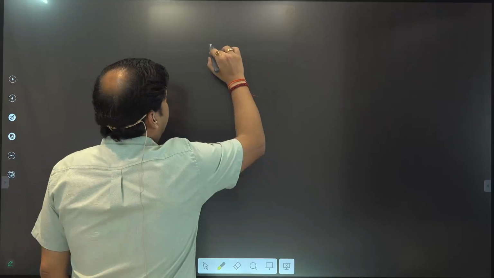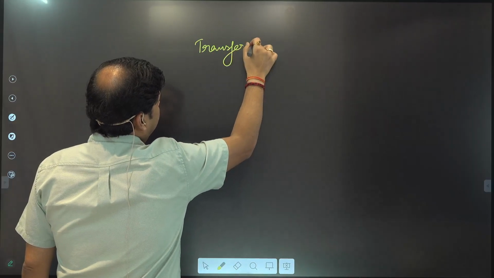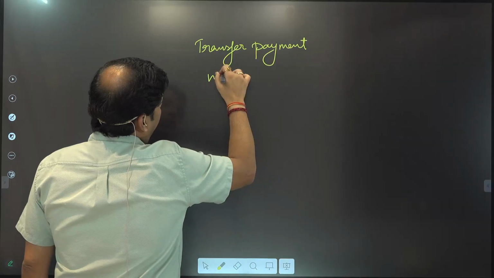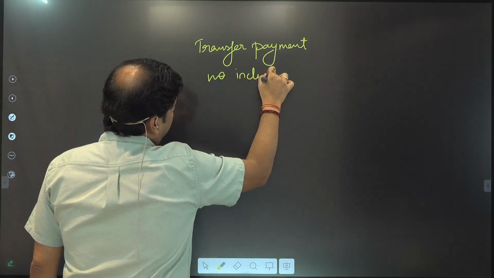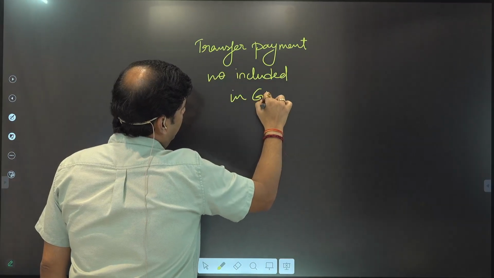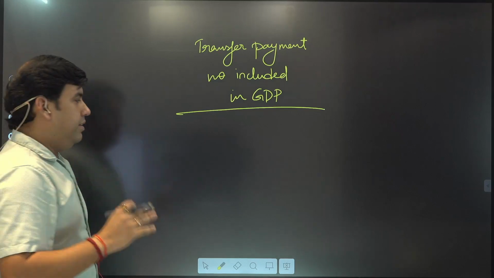The question is, why is transfer payment not included in GDP? क्यों नहीं होता बताओ? Let me give you the example of pension. The others you can easily understand.